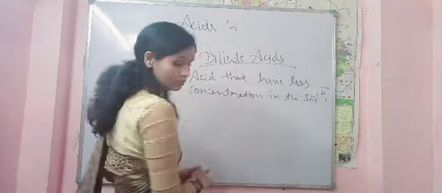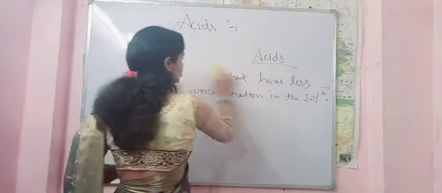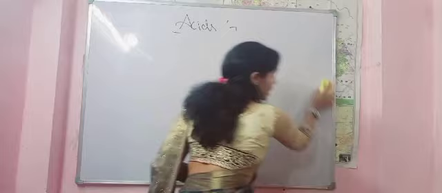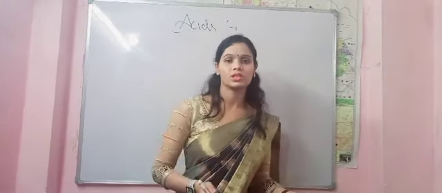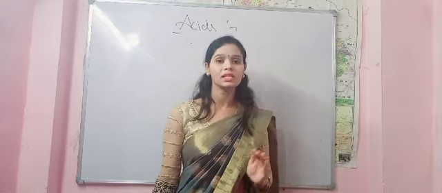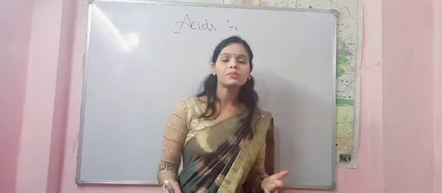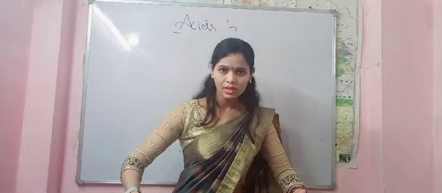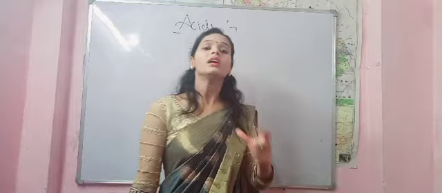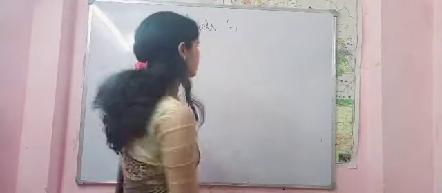Okay. How to dilute a concentrated acid? Dilution of concentrated acids. Concentrated acids are so corrosive and very dangerous that sometimes we need to dilute them. To dilute them means to add water to them, and there is a process for adding water to a concentrated acid.